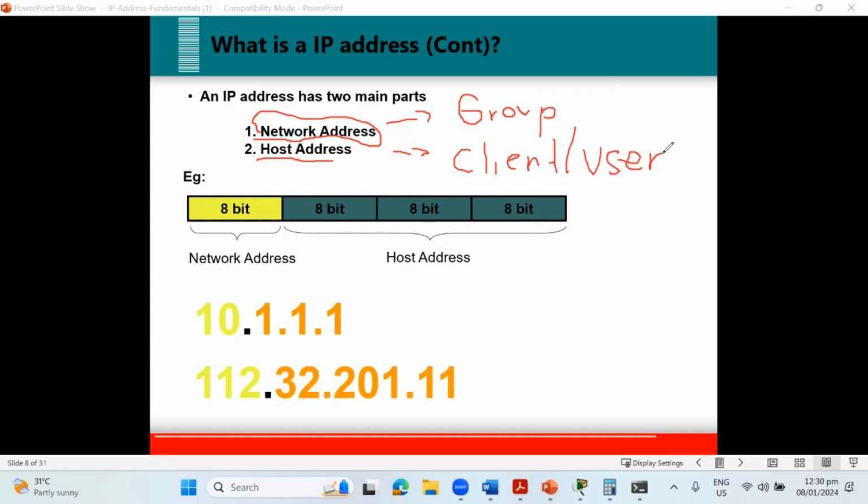So the IP address is divided into two parts: one part for the network and one part for the host.